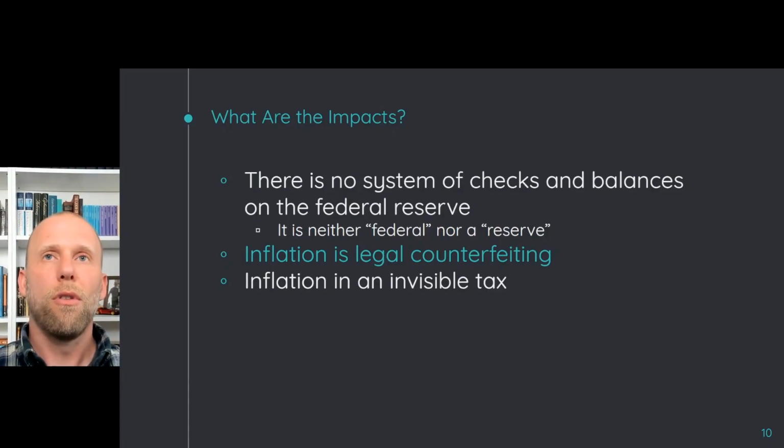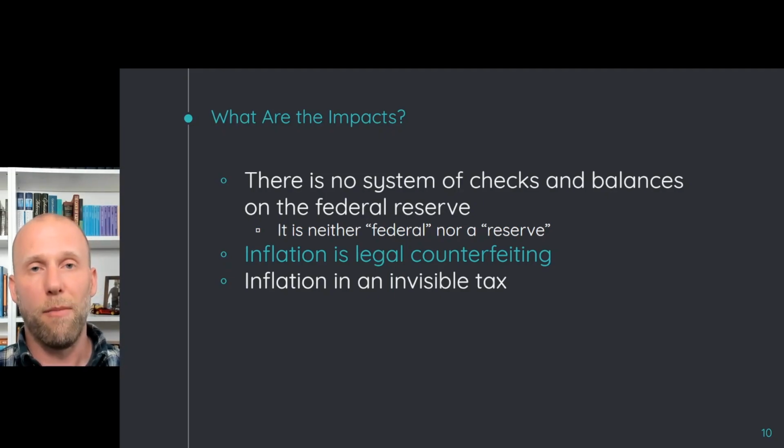So that's a tax. If the government prints $1 million, the value of everyone else's money in society has gone down by $1 million. And the government then uses that $1 million to pay for things. That is what a tax is.